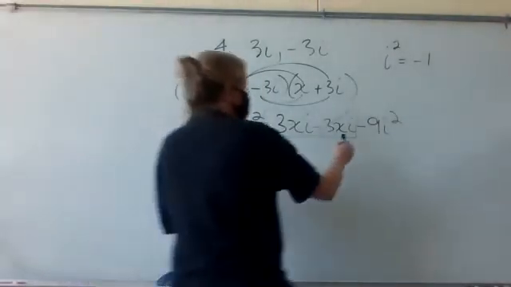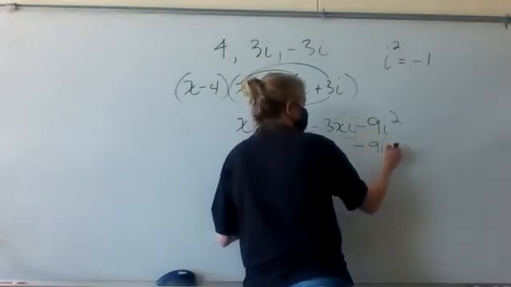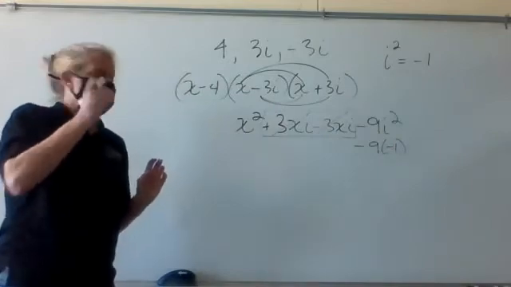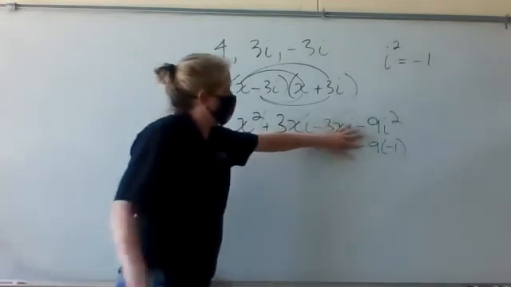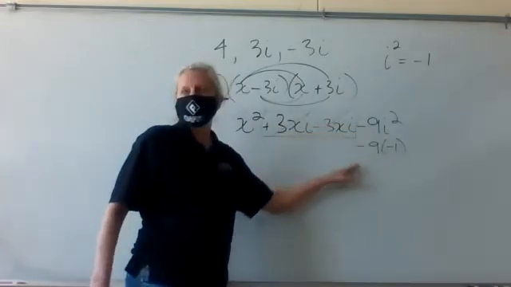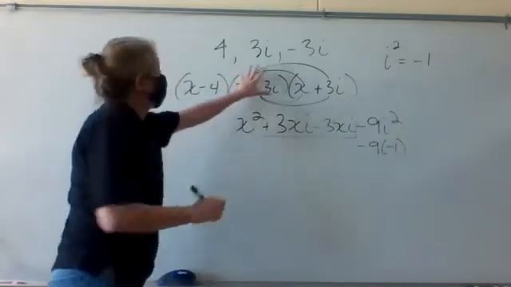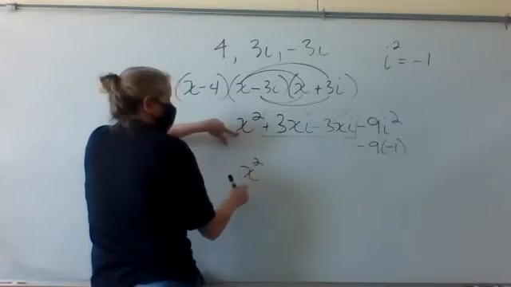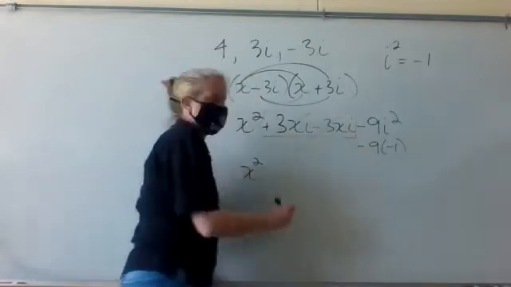So this really says -9 times -1, which actually turns this into +9. So what I'm left with after I multiply all this together is x squared plus 9.